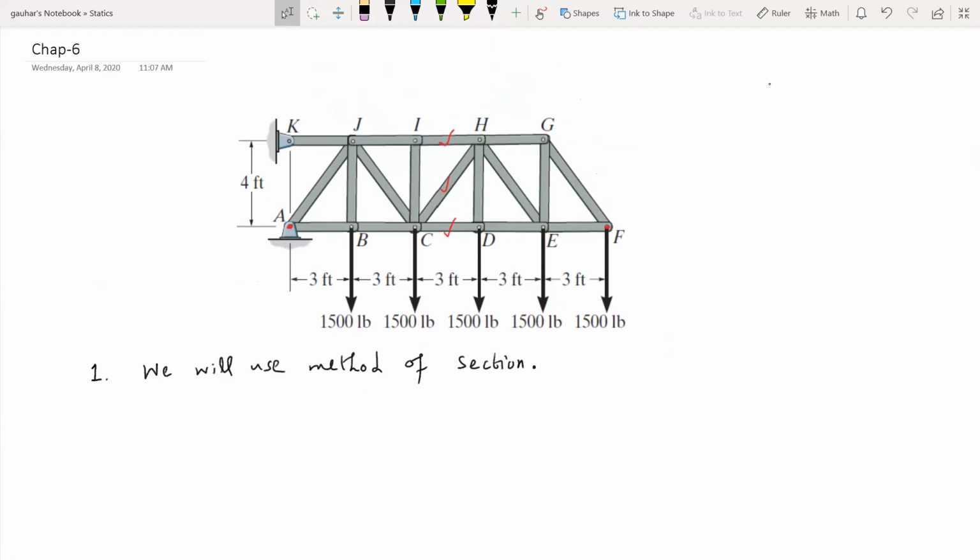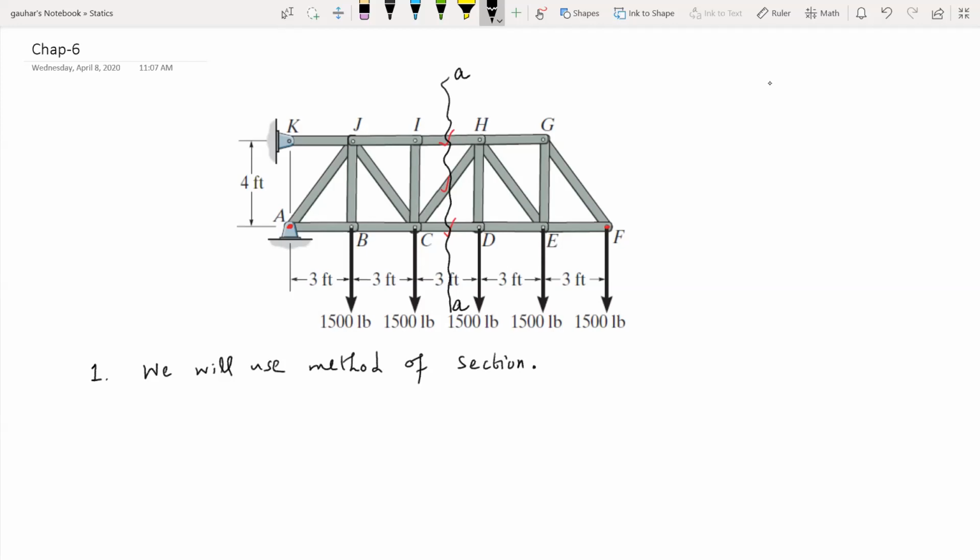We have to find these 3 member forces, so we cut the truss like this, let's say this is section AA. By making this cut, we are cutting all the 3 members in which we require the member forces. That's a good cut.